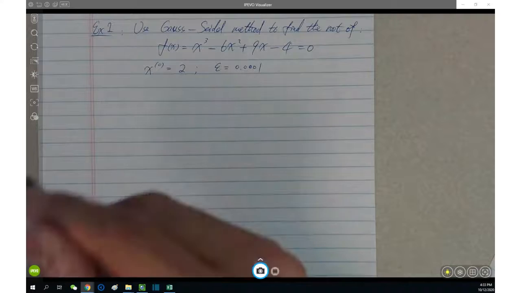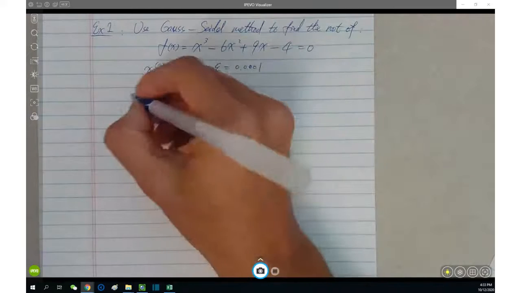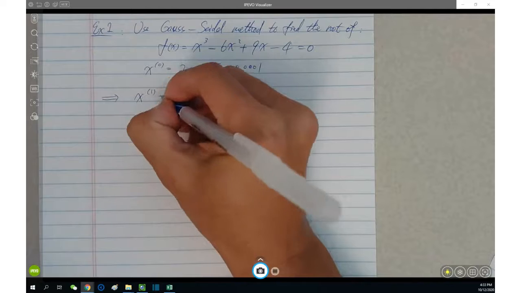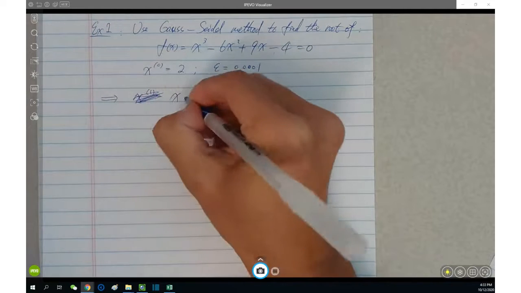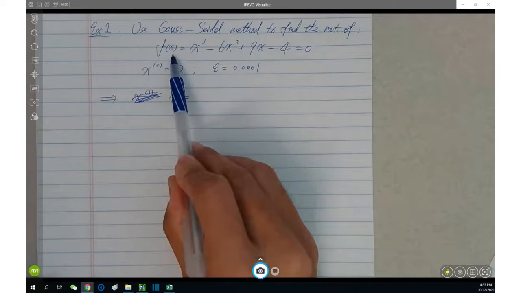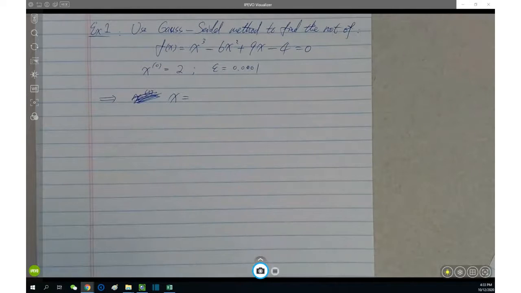All right, according to the notes, with this initial value, we need to first of all derive what? X01, right? Of course, before X01, you need to derive x from this f of x equals 0. What's the easiest way to find x in this one?